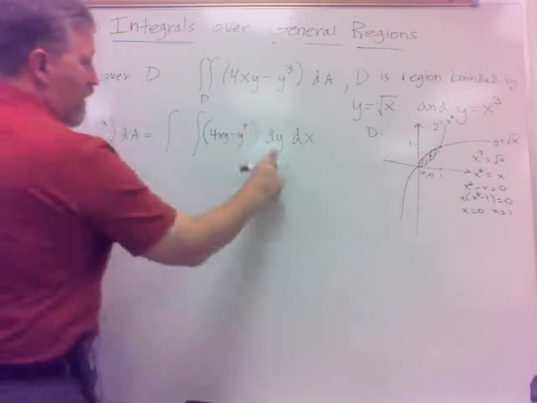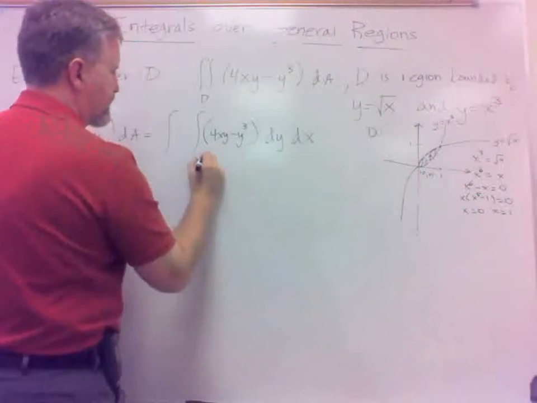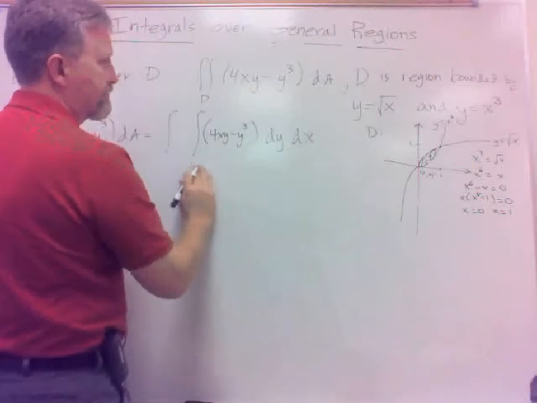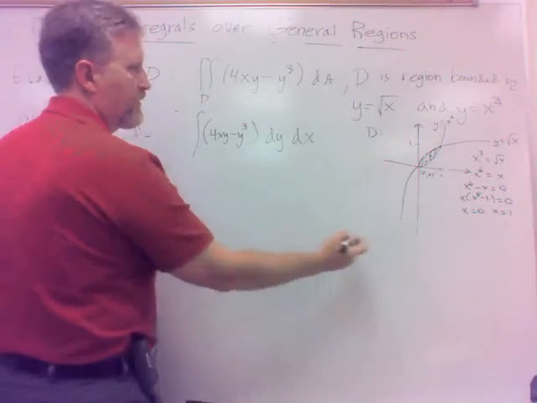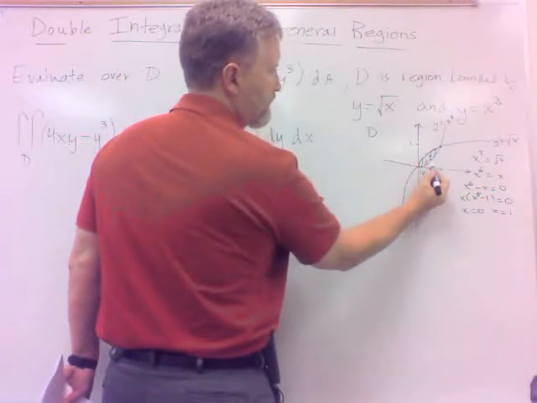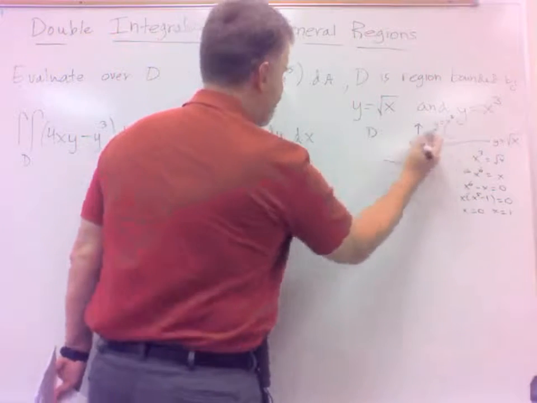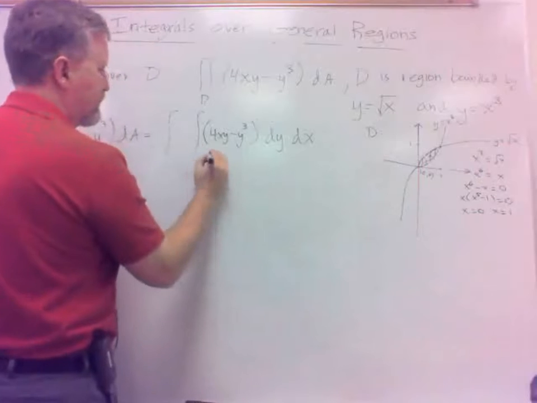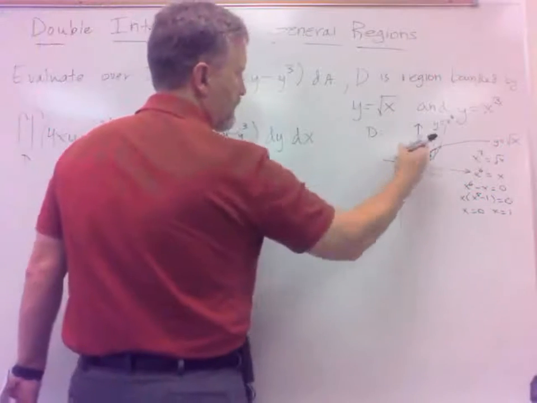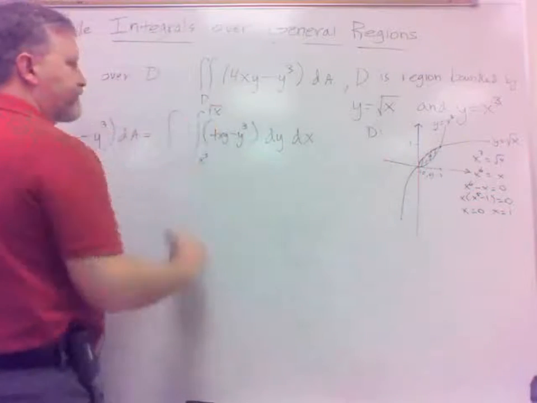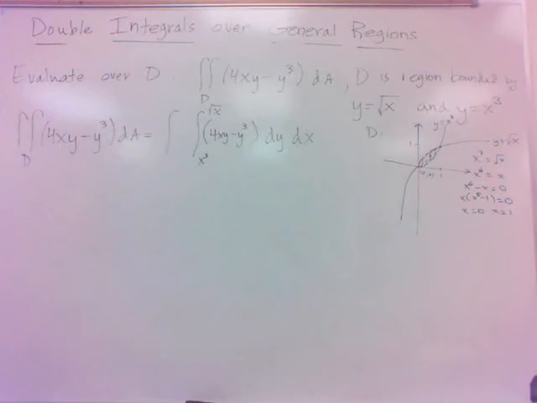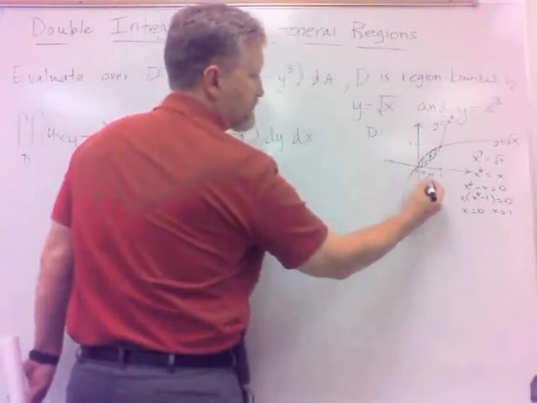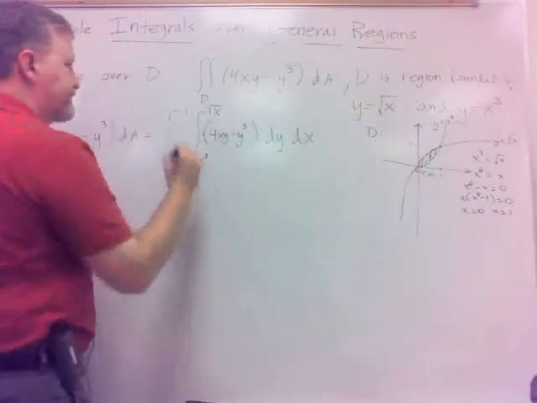Yeah, because our y's are in terms of x, so we can go from the square root. Oh, which one's first? Which one's our lower one? That's the x cubed one, isn't it? So it would come first, so that's x cubed. The upper one is the square root. And then our x, what about our x? 0 to 1. Okay?